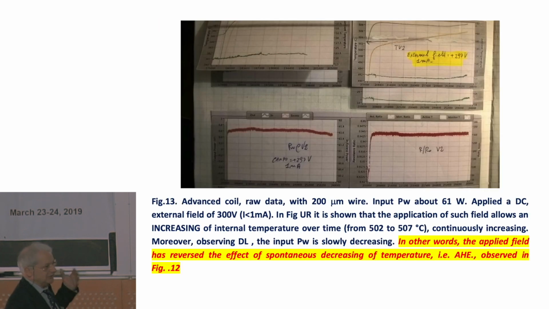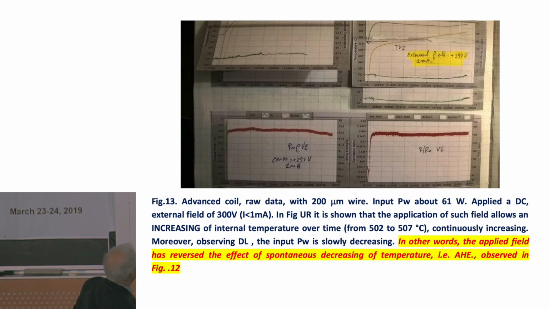We need non-equilibrium. In this experiment we decided to use the 300 volts field, not at room temperature, but at this point it was about 600. What we found is that instead of decreasing, it is increasing.